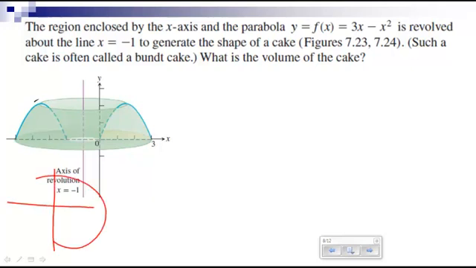It'd be the outer edge of the bundt cake, like that, and there'd be the inner edge. You're looking at it from the top. Everyone okay that I flipped the bundt cake over?